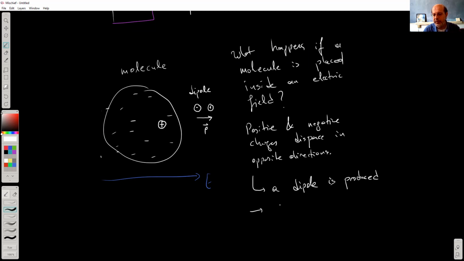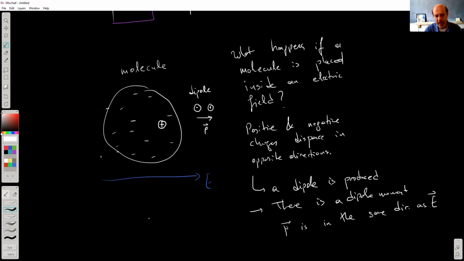Electric dipole moment, that is. So this is the dipole moment P. That's basically the distance multiplied with charge, that's separation multiplied with charge. What is important in here is that P is in the same direction as the electric field.